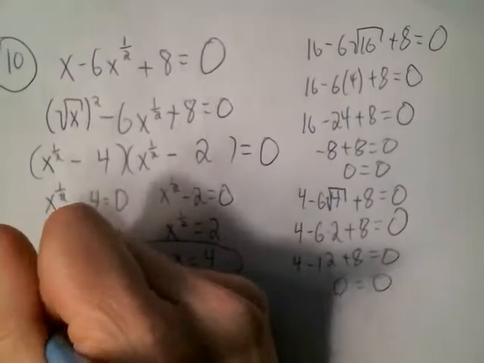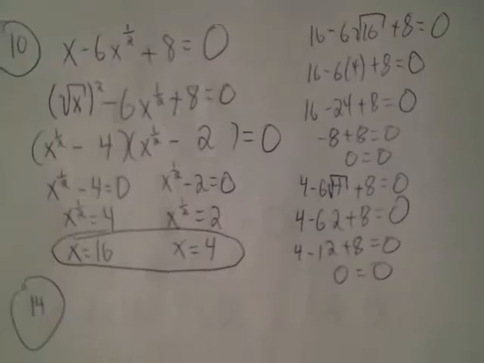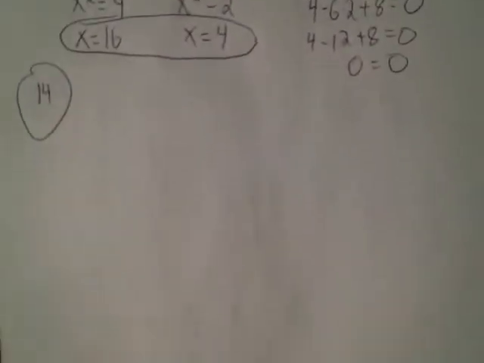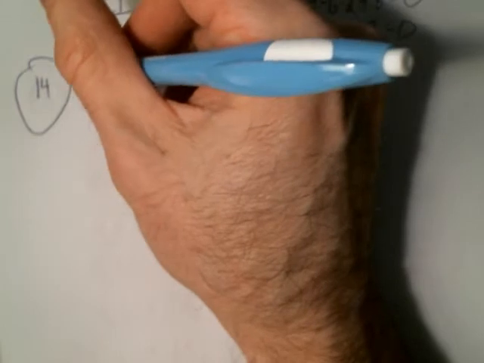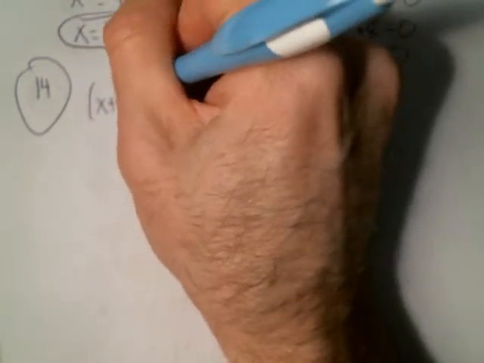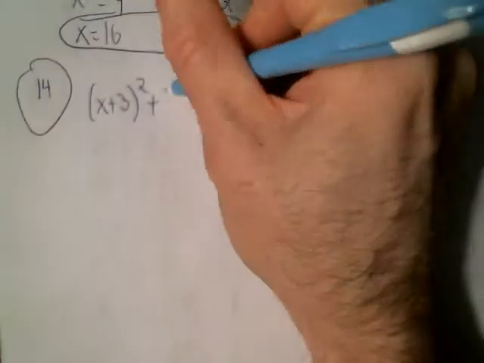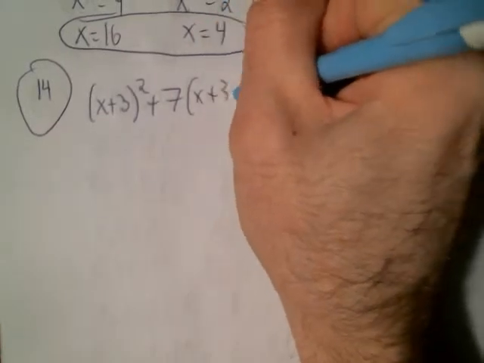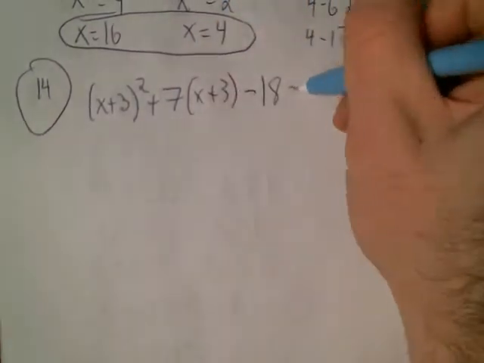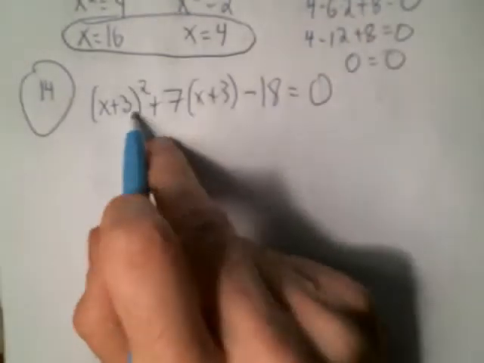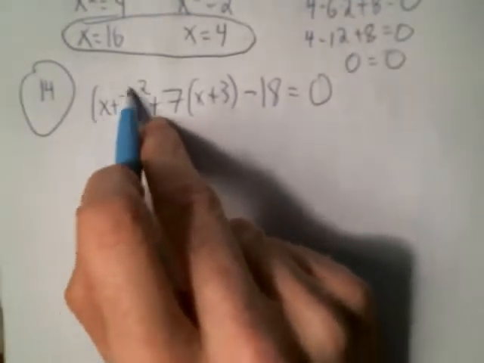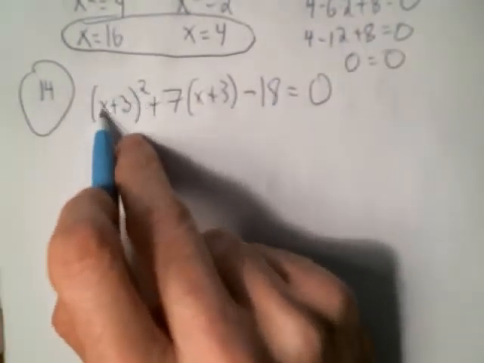So 14. What do we have this time? So I have x plus 3 squared plus 7 times x plus 3 minus 18 is 0. Right? So the thing that's acting like our old x squared is the x plus 3.